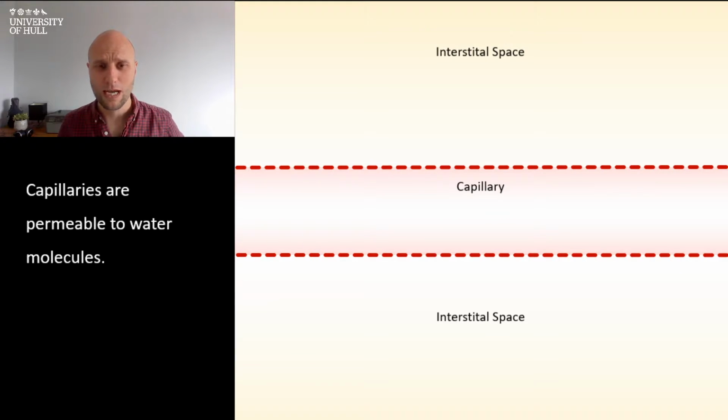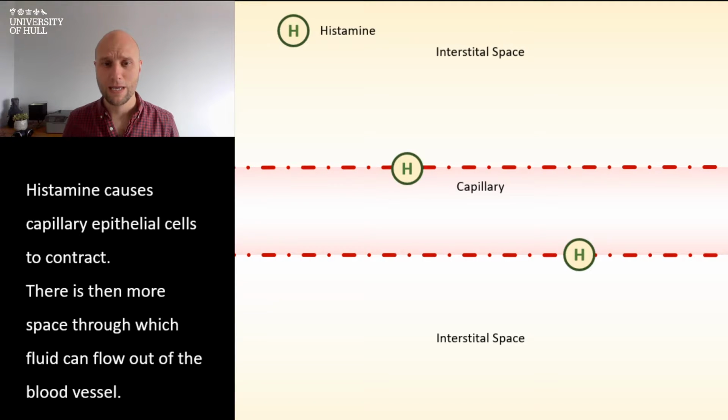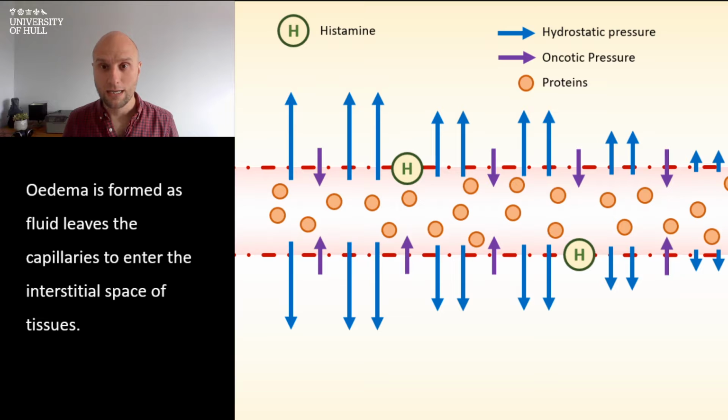So again, to recap, you'll recall that capillaries are permeable to water, but not ordinarily to many proteins, and in the presence of histamine, the epithelial cells that make up the walls of the capillaries contract, they get a bit smaller, and so the gaps between the epithelial cells get a little bit larger, and this will encourage fluid to leave the intravascular space, so to leave the capillaries and enter into the interstitial space.